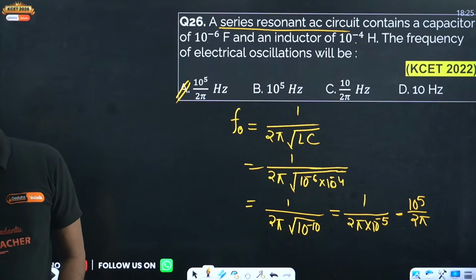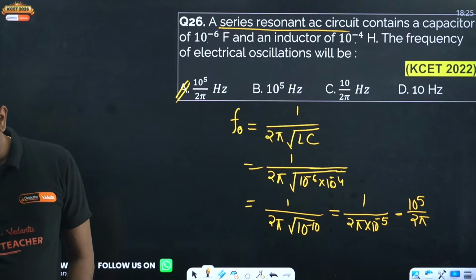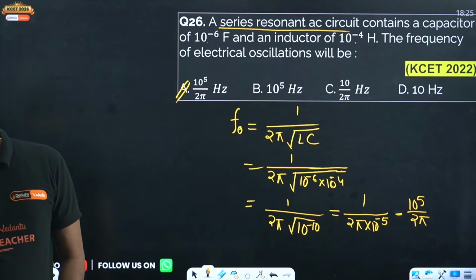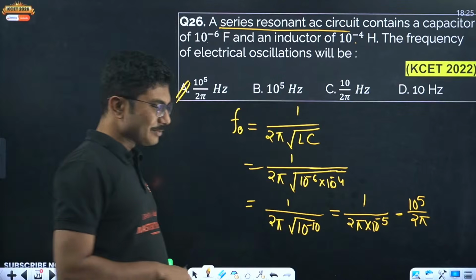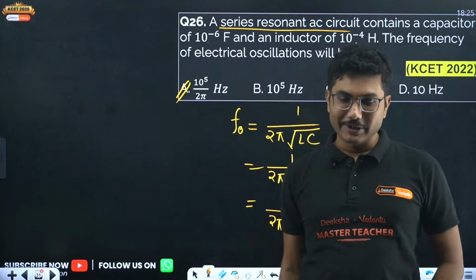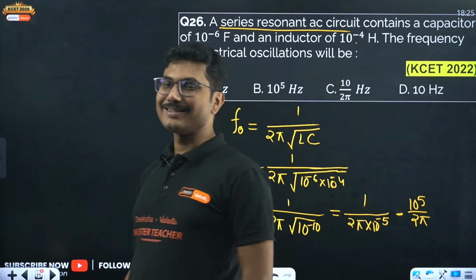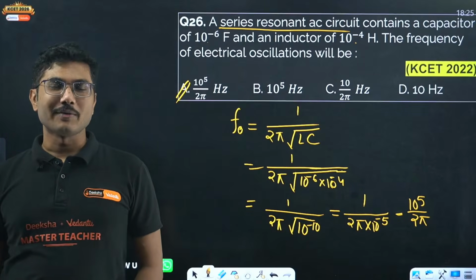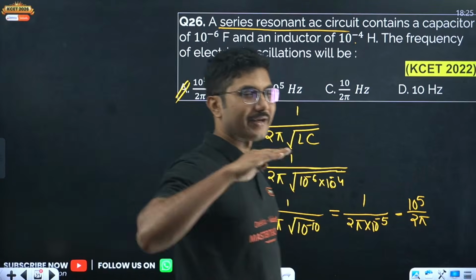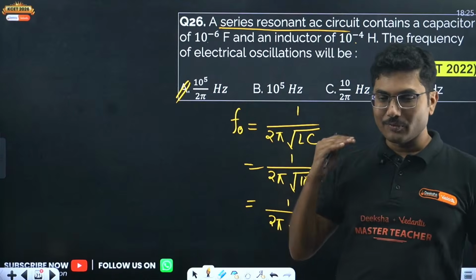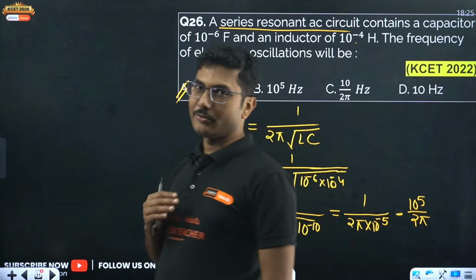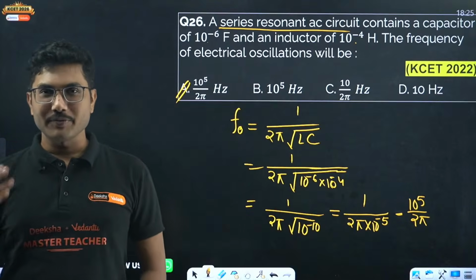Sir, pray for all the students to score more than 90 plus marks. 90 plus marks is what most of the students will get. You should score at least 130 to 140 marks to get a safe rank. For a good rank, 150 plus.